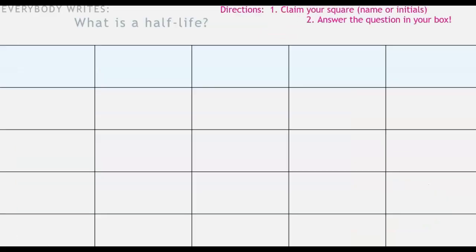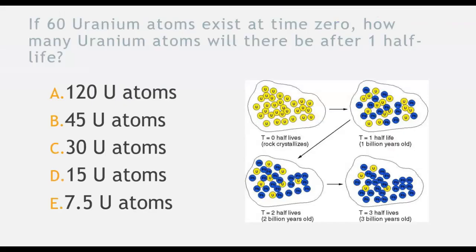So remember, by the time you're done with this material, you want to be able to define what half-life is, and then to be able to try and calculate a couple of these samples. So if 60 uranium atoms exist at time 0, how many uranium atoms will there be after one half-life?